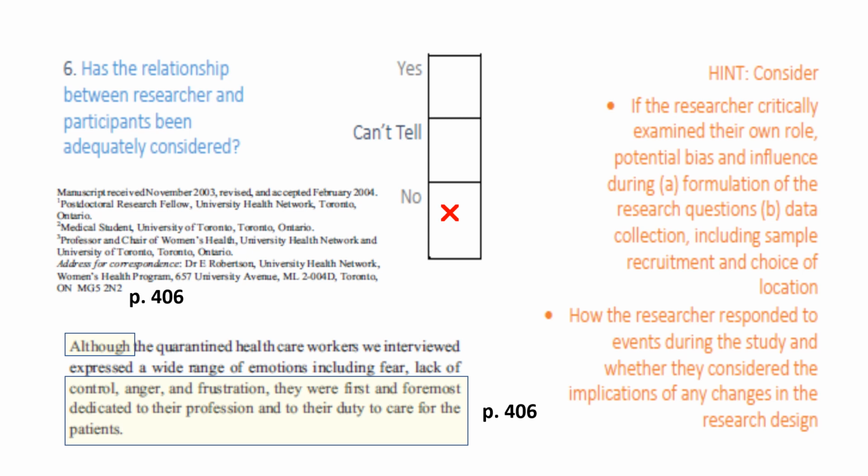Rather than just stating a matter of fact that the quarantined healthcare workers expressed a wide range of emotions, including fear, lack of control, anger and frustration, they frame it as "although", and therefore then go into providing a justification, saying that although they felt these feelings, they were still first and foremost dedicated professionals, and that seems to indicate an allegiance of the research team to the ones being studied.